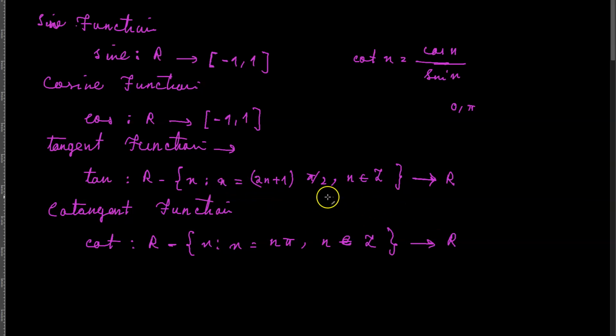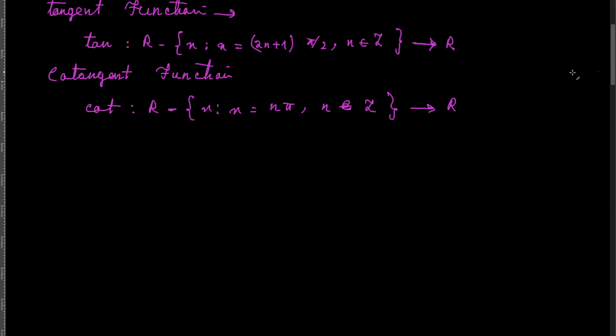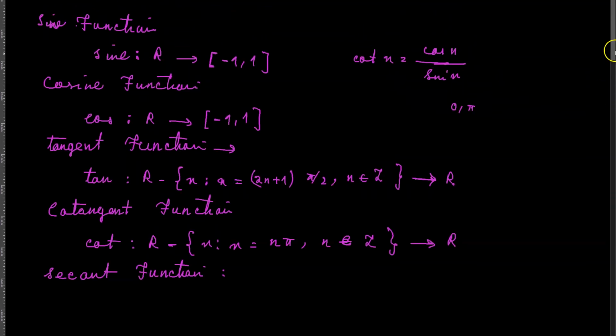Now for the secant function, we said that secant of x is nothing but 1 over cos x, meaning that wherever cos x is 0, then of course secant is not defined.